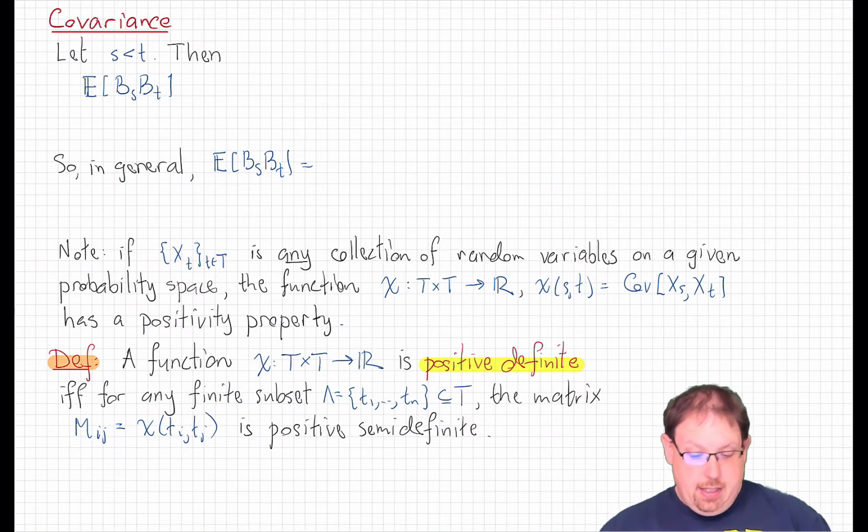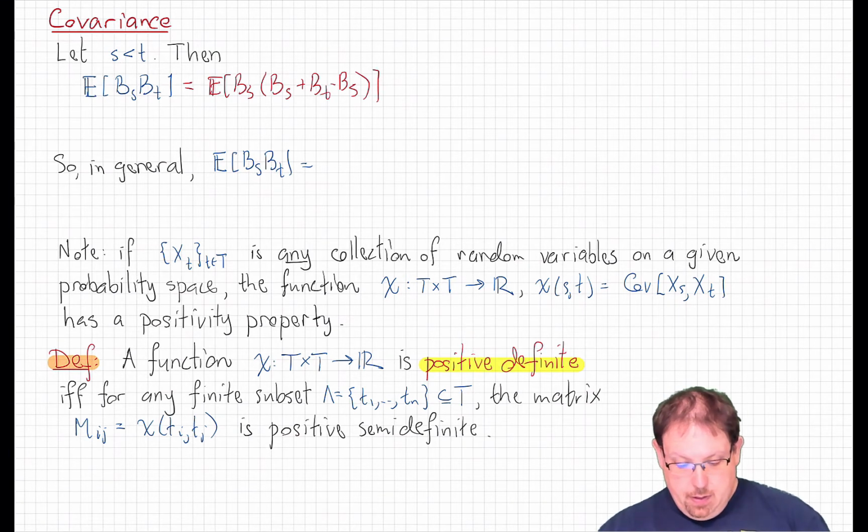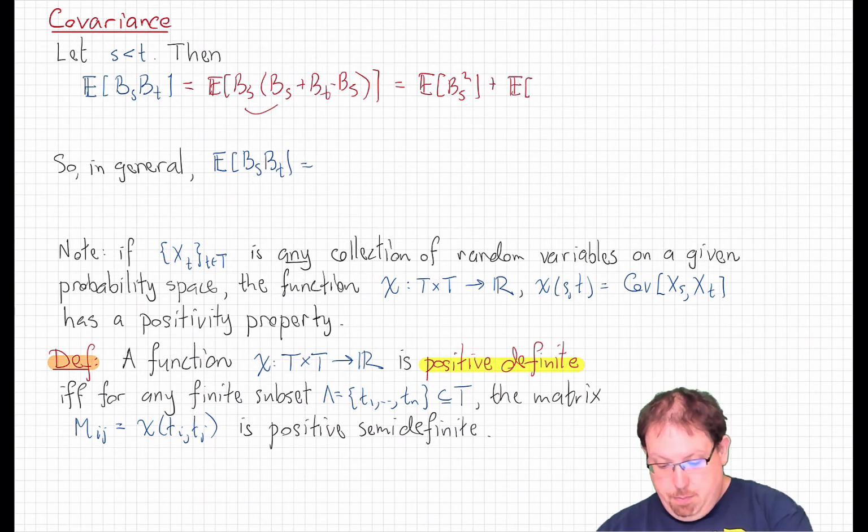We can calculate this quite easily using the independent increments property, just by expanding B_t as B_s plus B_t minus B_s. Now, if we break up that sum into two pieces, it's the expected value of B_s squared plus the expected value of B_s times B_t minus B_s.